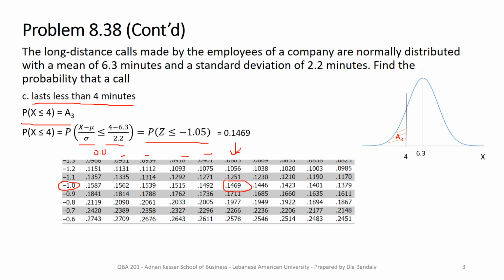And here we go. Okay, so I hope that this problem was clear for you. We have answered all kinds of questions that you can have when a variable has a normal distribution, and you will be ready now to answer any question that you are asked to answer.